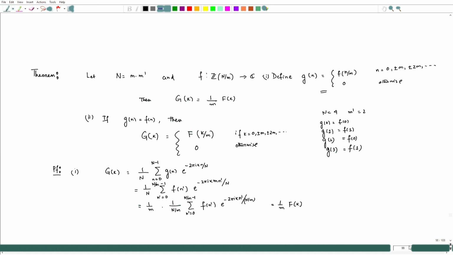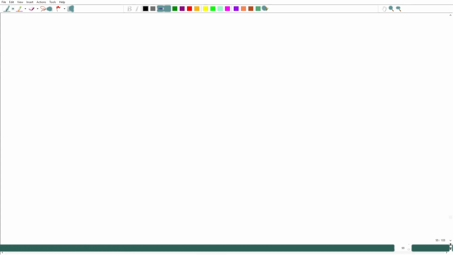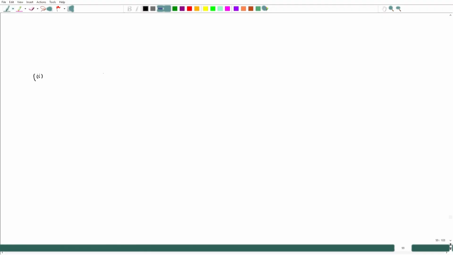Now, for the proof of 2. Summation over k equal to 0 to N minus 1 of g hat of k e to the power 2 pi i k n by N, by the Fourier inversion formula, is g of n. Now, in our definition it is f of n.